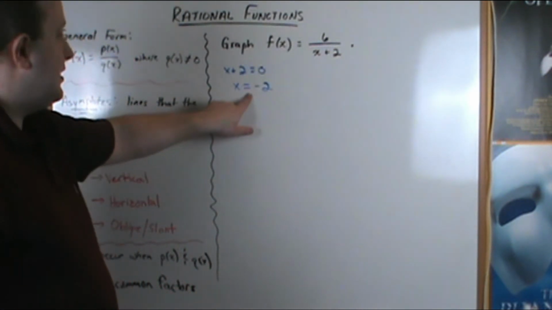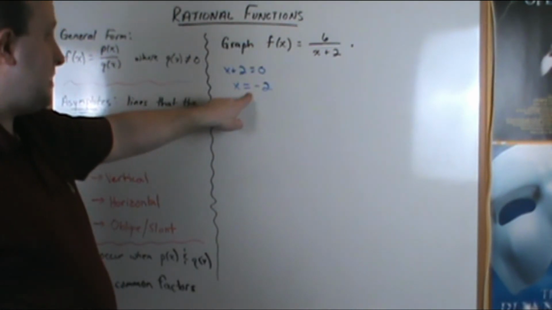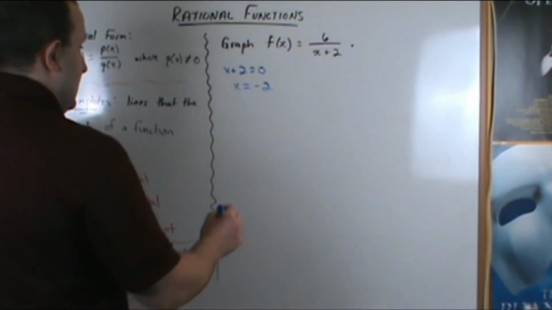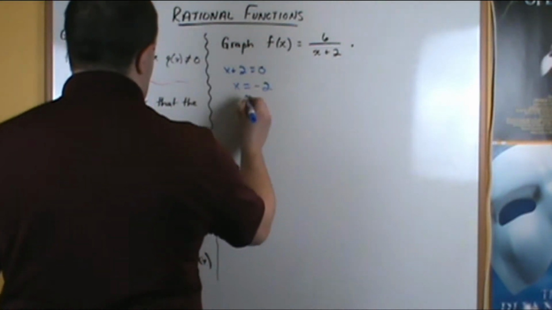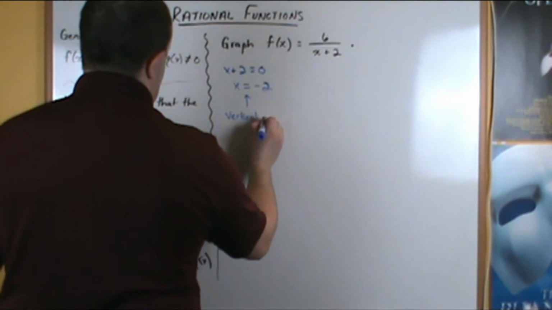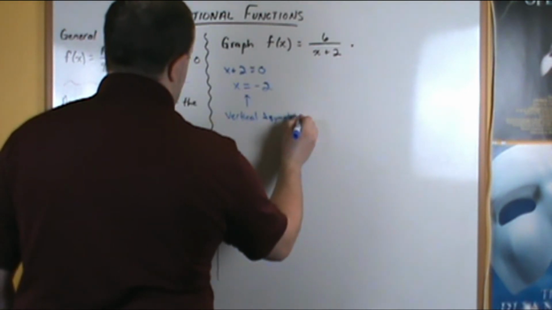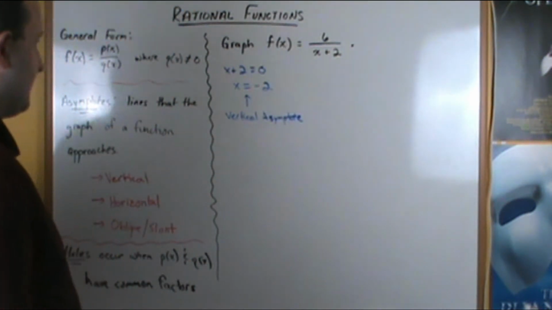This is our domain restriction on x. Ironically enough, this equation, x equals negative 2, is going to be our vertical asymptote.